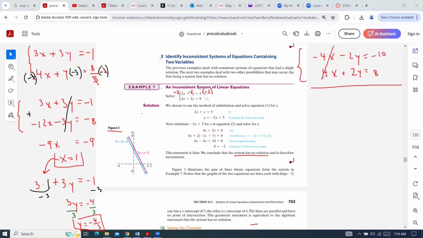So they just cancel. When you add these two, the y's will also cancel. So everything cancels, we get a 0 on the left side, and on the right side we have -10 plus 8.